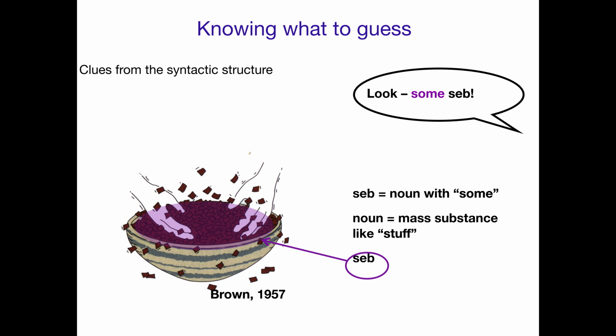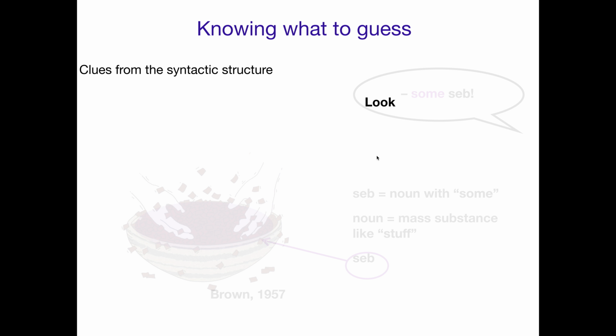Look, some seb. Okay, so this is the kind of frame that you see with substances like glitter or rice. Look, some rice, look, some glitter, look, some seb, look, some confetti. Right? And so based off this frame, then you think, oh, I must be looking for some stuff. And this is the stuff in this picture, right? It's the confetti stuff. So this is what it means to use the syntactic structure.